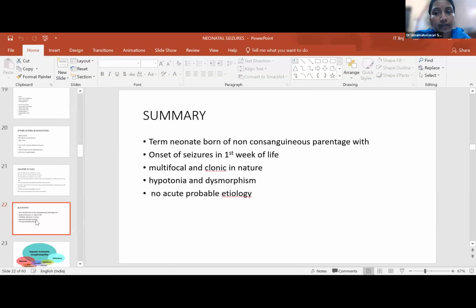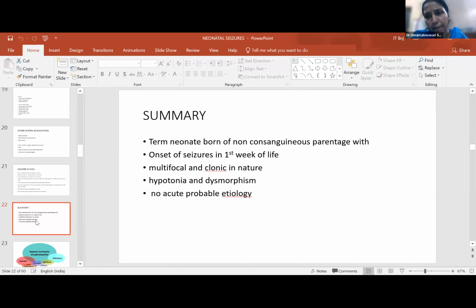But if you probe into the history, they might be able to tell that, yes, the baby was kicking a lot. Especially if she is gravida 2 live 1, then it is all the more important that you ask her, compared to your previous baby, did you perceive increased fetal movement? So increased fetal movement is something very important which you have to elicit.